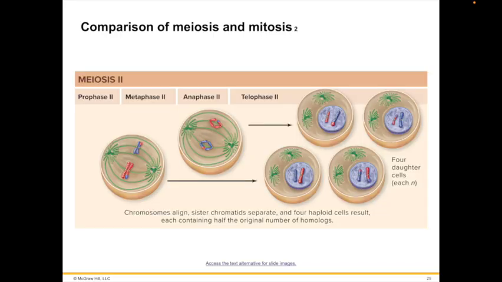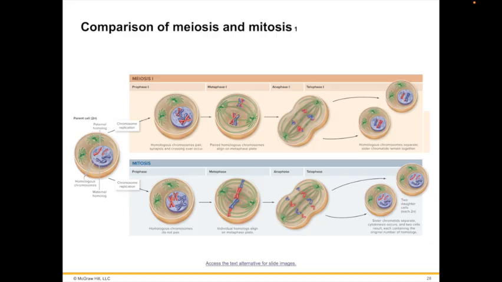analyzed to date. So the molecular details of the recombination process that produces crossing over are complex, but many of the proteins involved have been identified. This process is initiated with the introduction of a double-strand break in one homolog. This explains the similarity in the machinery necessary for meiotic recombination and the machinery involved in the repair of double-strand breaks in DNA.